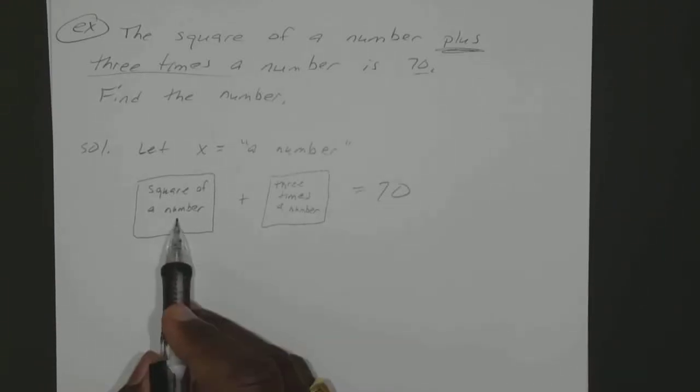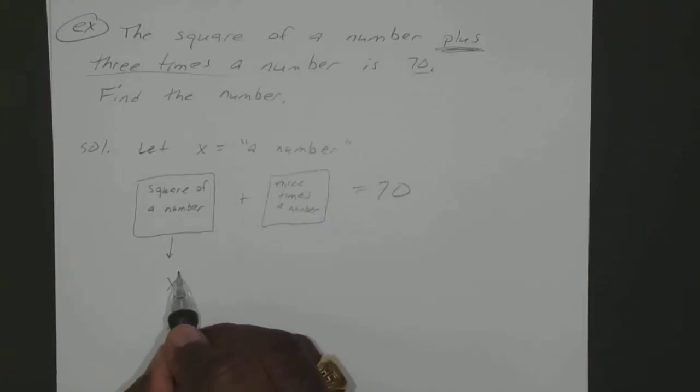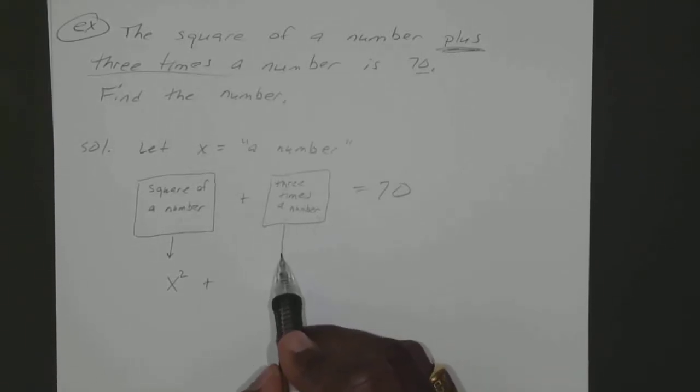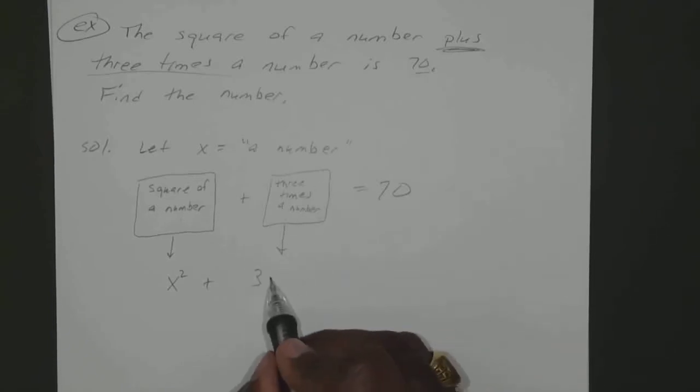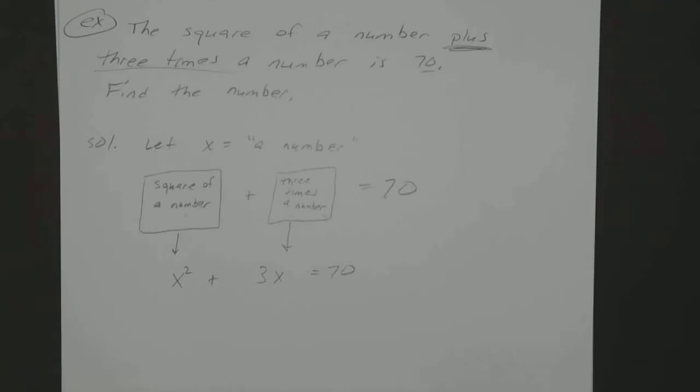All right, so that gives us the square of a number. That's just x squared. Plus 3 times a number. That's 3 times whatever our number is. Equals 70.